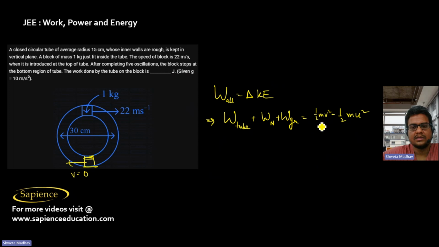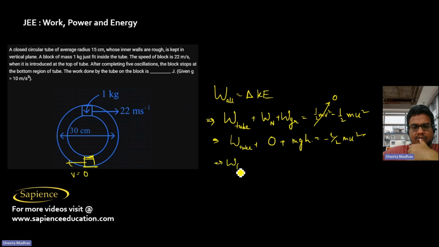So the final kinetic energy is 0 only, and the work done by the tube has to be found, plus the work done by the normal reaction will obviously be 0 only, plus the work done by gravity, that is mgh, is equal to minus half mu square.